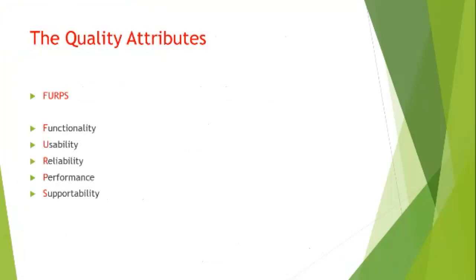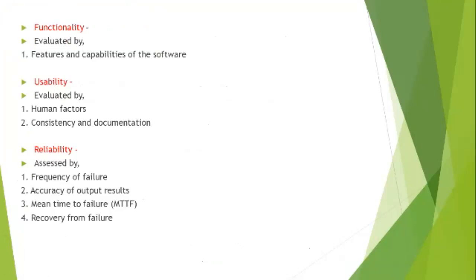These are the quality attributes. We can remember them in the form FURPS, that is functionality, usability, reliability, performance, and supportability. Functionality is evaluated by the features and capabilities of the software.